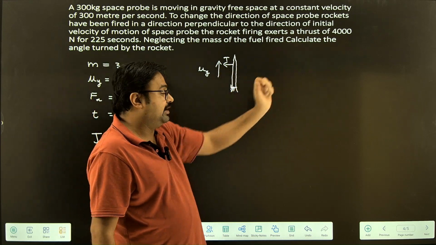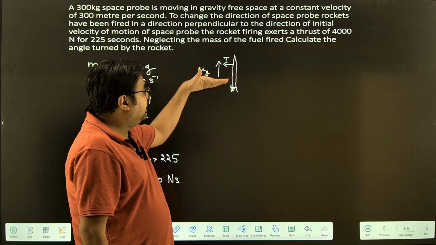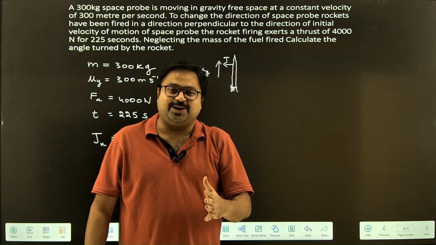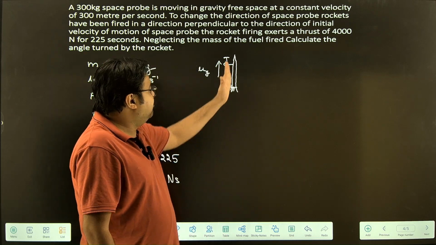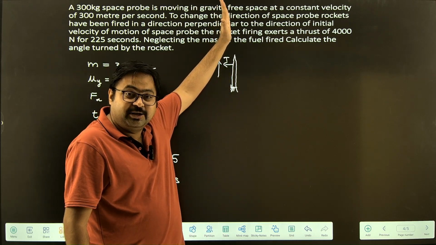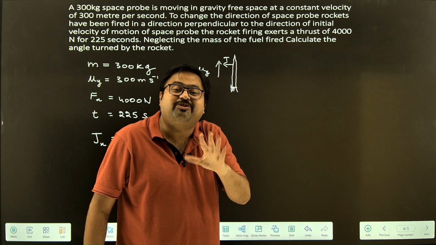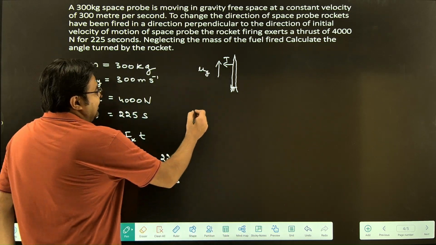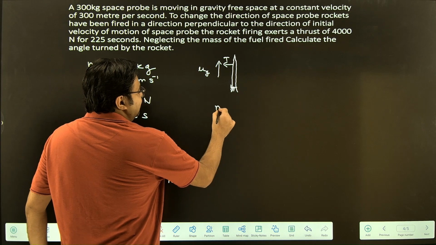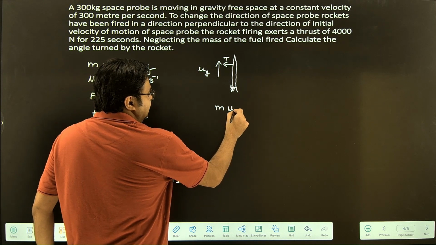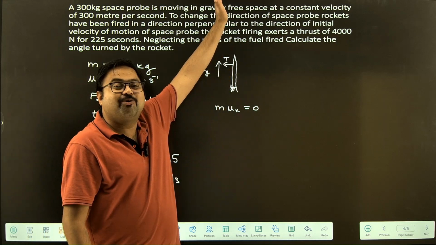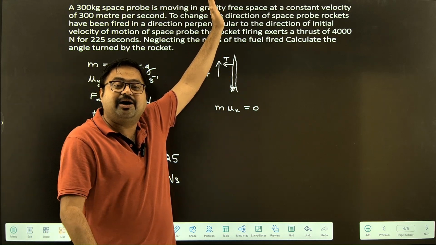So that's in the x direction, because of which the momentum along the x direction will change. There is no component of the impulse in the y direction, because of which the momentum in the y direction does not change. Having understood that, the initial momentum along the x direction, dear friends, is 0. The reason being, the rocket is only moving along the y direction, not along the x direction.